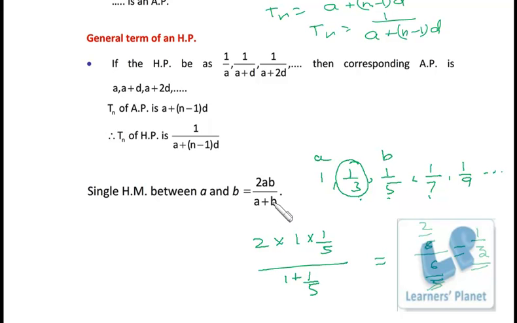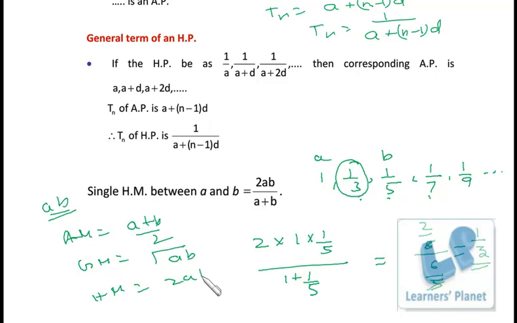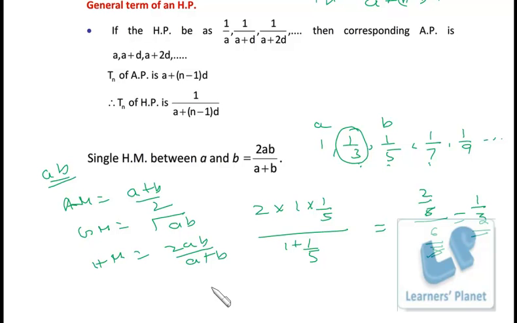So that is the harmonic mean. We understood the arithmetic mean, that is (a plus b) by 2 between a and b. If we talk about the geometric mean, it is root ab, and the harmonic mean is 2ab upon a plus b, right?